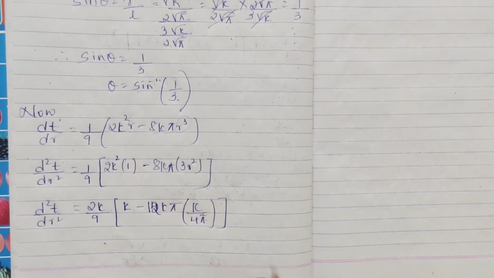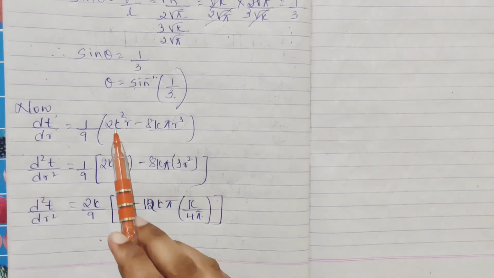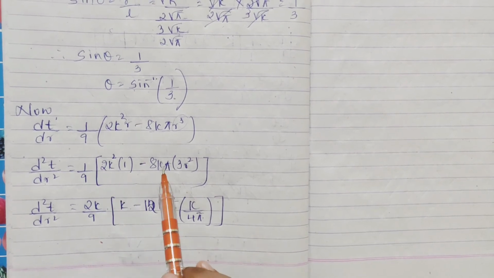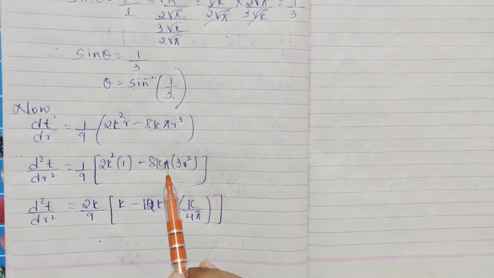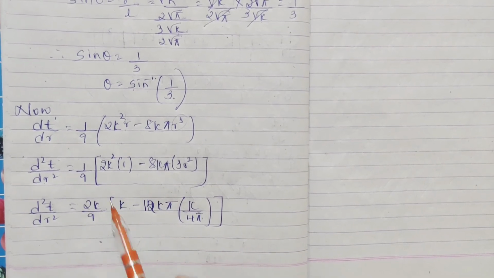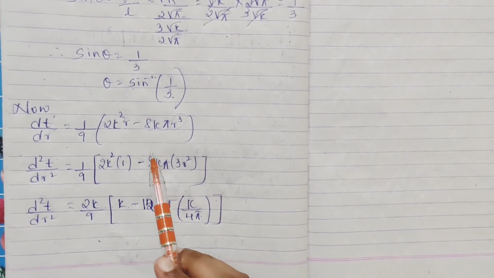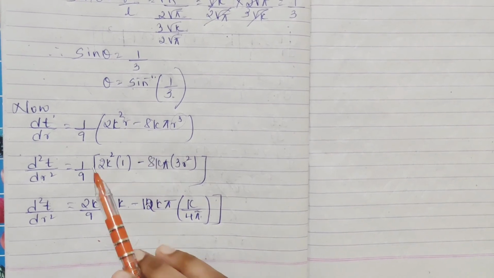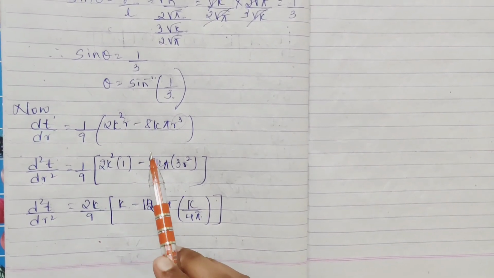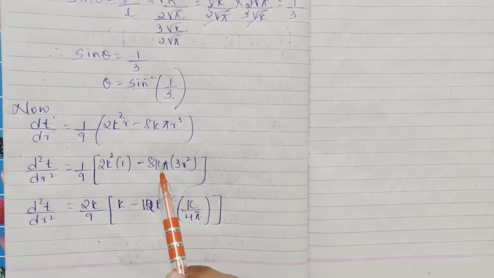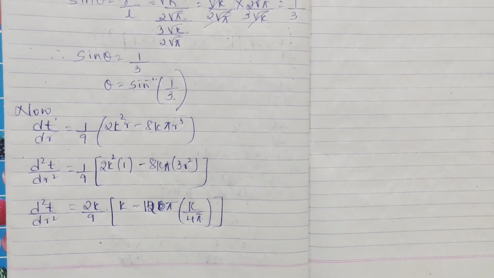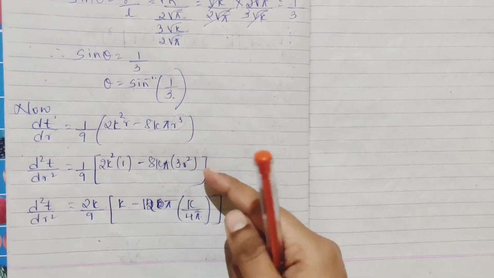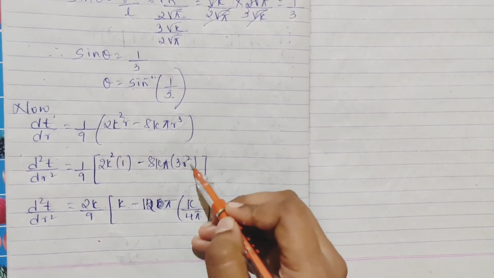Next, I have taken 2k common from both sides, so I will have 2k by 9, and here 1 is left, minus, here it is 8, so from 8 I have taken 2 outside, means 4 will remain, 4 3s are 12. Sorry, k I have taken outside, so this k won't be there, so I'll have 12 pi, and this r square value I'm substituting.